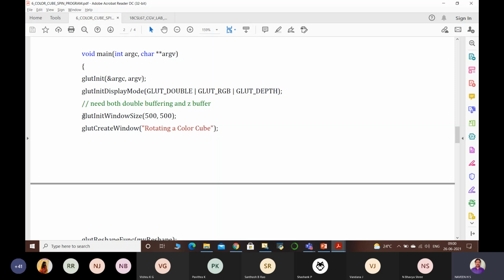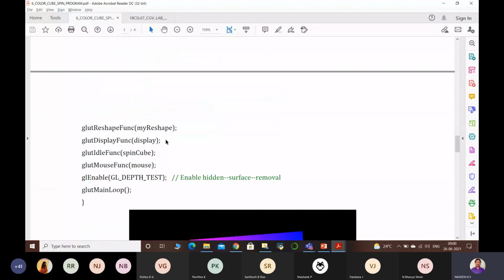Next, glutInitWindowSize, again the same thing, repeating 500 500, that is nothing but W and H, width and height. Whatever we have seen in the previous diagram, the W and H aspect ratio calculation. And glutCreateWindow, I'm just giving the name rotating a color cube.